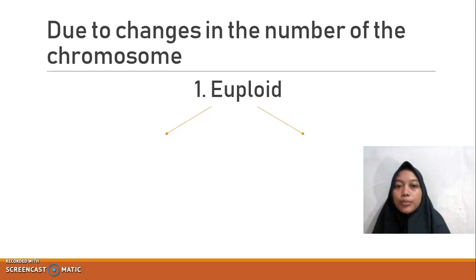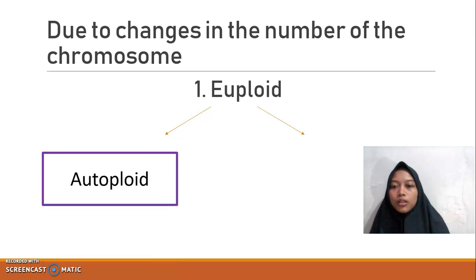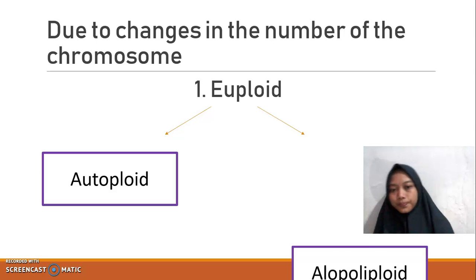For change in the number of chromosome, there are two. Number one is euploid, is a type of mutation where there is a change in the number of N. The first is autoploid, which occurs as a result of N doubling itself due to meiotic error and occurs in homolog chromosome.